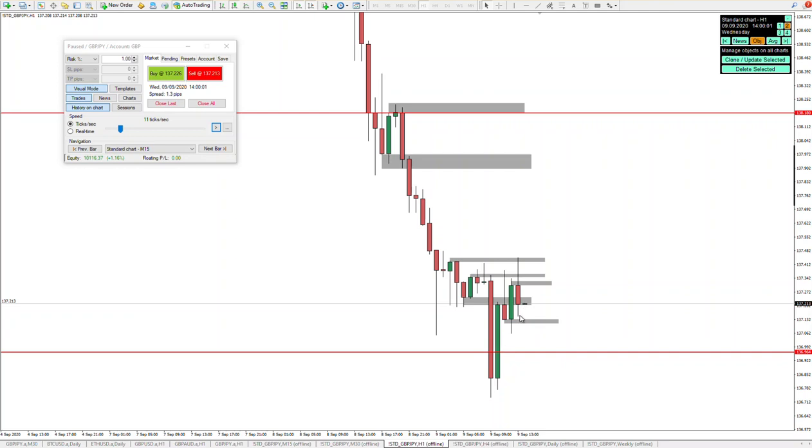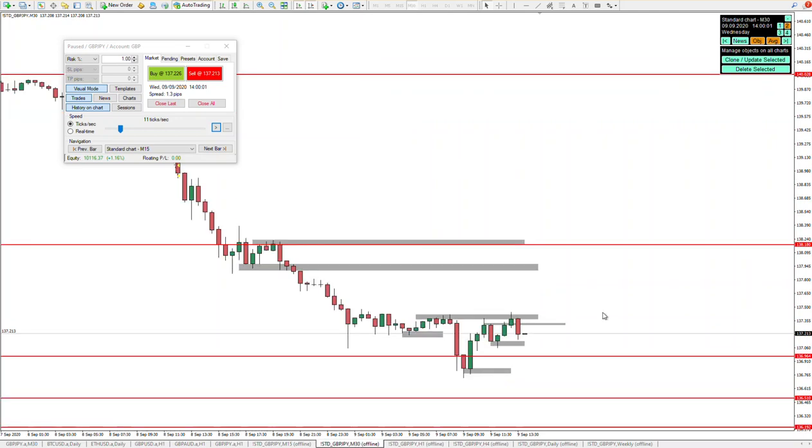It has a nice wick to the downside, but this wick never reached the support level. In fact, we are just in a new, small, tight range.